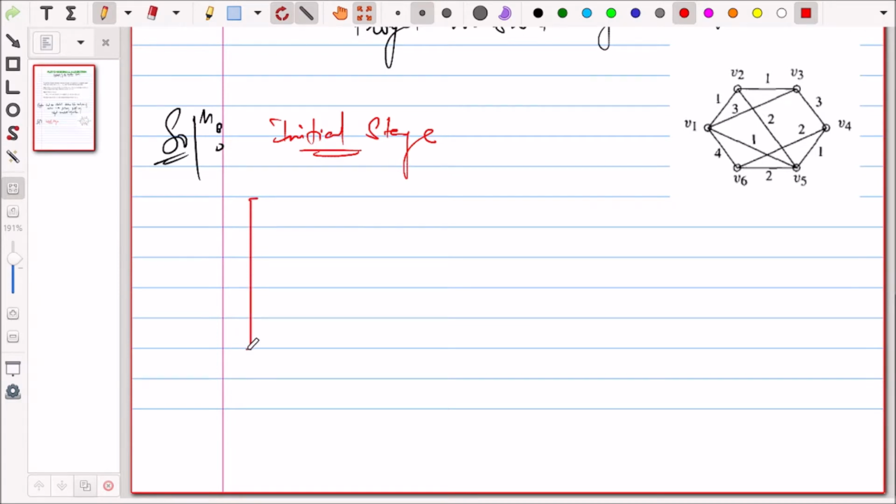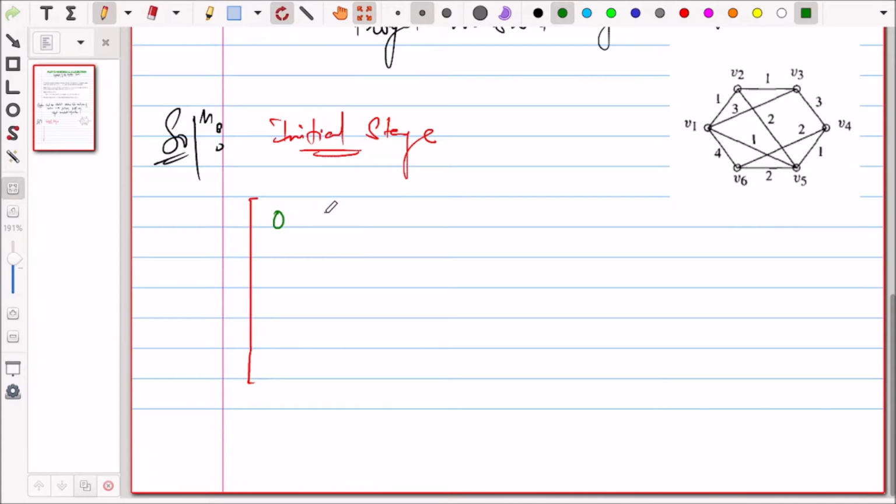Yes, a 6x6 matrix with diagonal, because there are 6 vertices. So we get a 6x6 matrix with diagonal entries 0, so d11 is 0, d22 is 0.